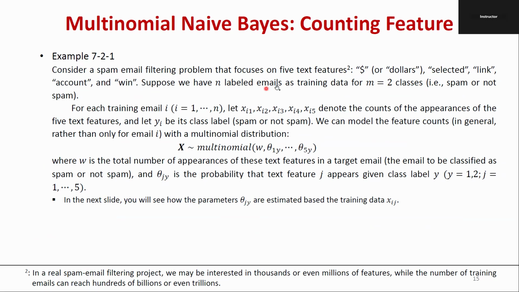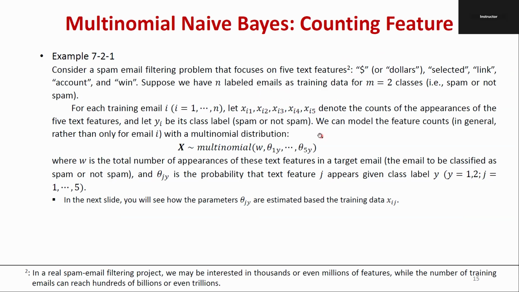Suppose we have n labeled emails as training data for 2 classes, spam or not spam. Very simple. For each training email i, let x_i1 to x_i5 denote the counts of the appearance of these 5 text features, and let y_i be the class label of training email i.